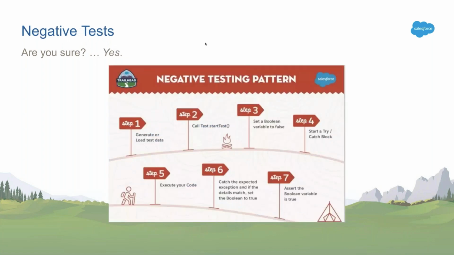So when we write negative unit tests, we're looking to make sure that our code fails as it's supposed to when we expect it to fail, which is a mouthful, and you may be thinking, why would I expect my code to fail? Well, what I mean by this is when you're writing your code, there'll be certain points where you as a developer are like, you know what, this may fail, I'm going to have to throw an exception, or I anticipate that maybe my data coming into this method isn't quite sanitized.